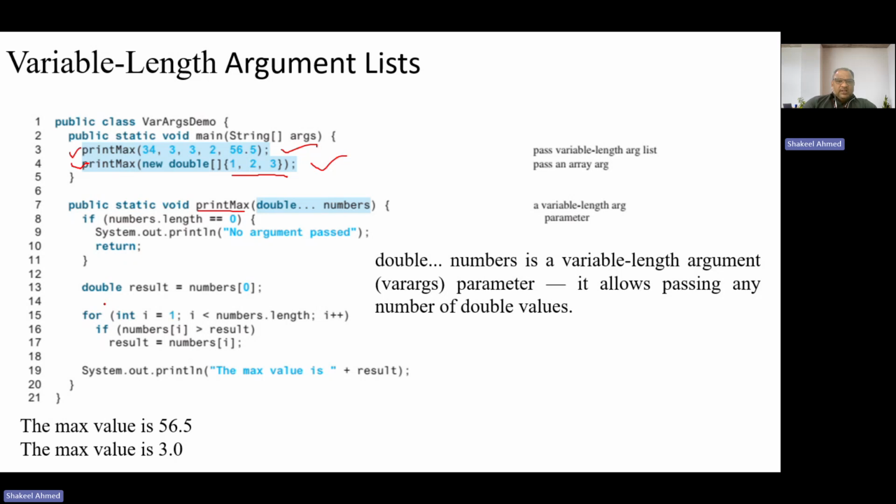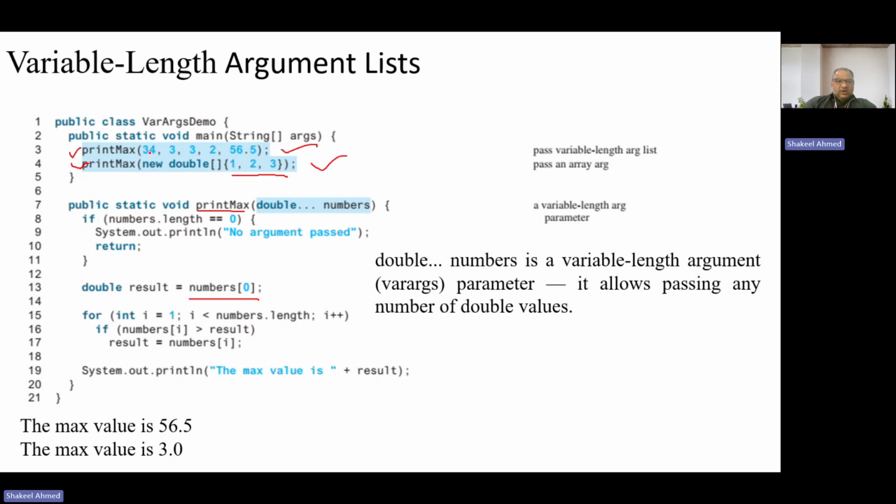And then we say double result is equal to numbers[0]. So we take the initial number, numbers[0]. For i equal to 1, i less than numbers.length, if numbers[i] is greater than result, result is equal to numbers[i]. So it keeps on finding the maximum number. Whatever the result is, that will be the maximum.